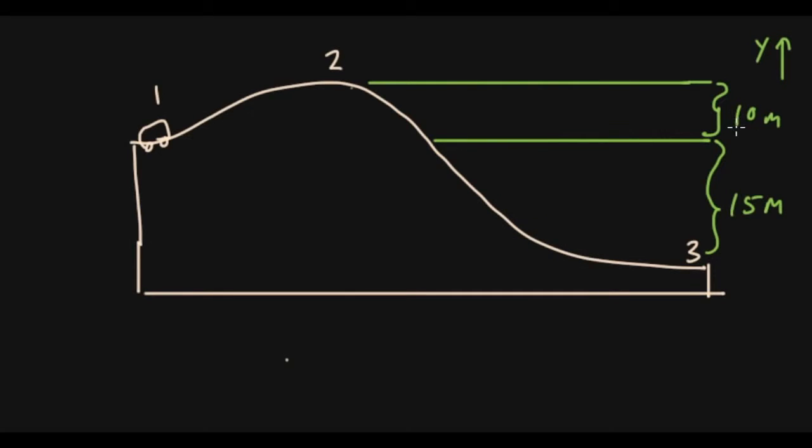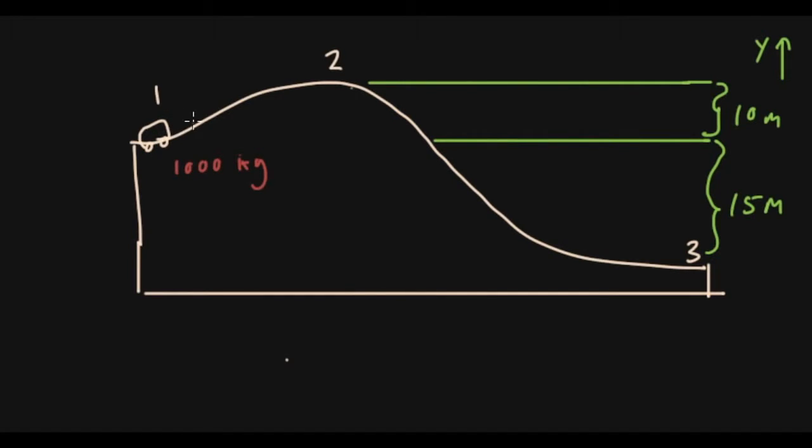So suppose we have a roller coaster here. Question is, if this is a 1,000 kilogram roller coaster car, and it moves from position 1 to position 2 to position 3, what is the gravitational potential energy at points 2 and 3 relative to point 1?